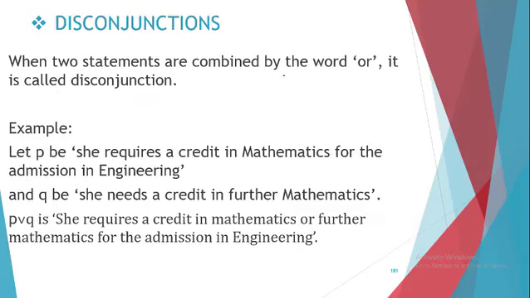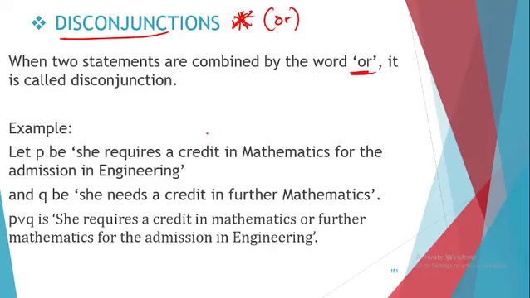So let's look at the second connective, which is disjunction. And disjunction is what? Or. We use disjunction when two statements are combined by the word or.